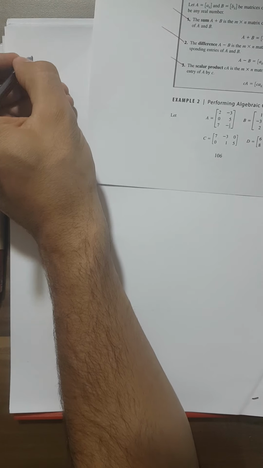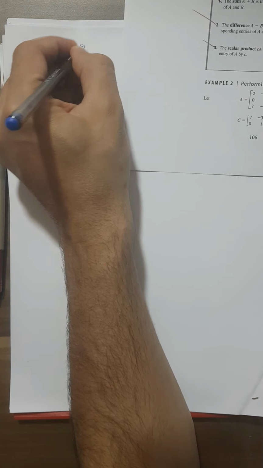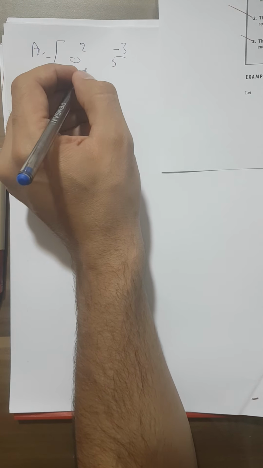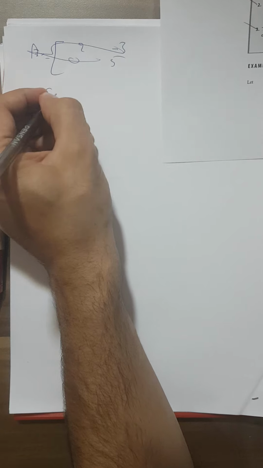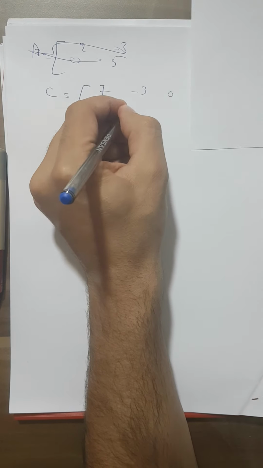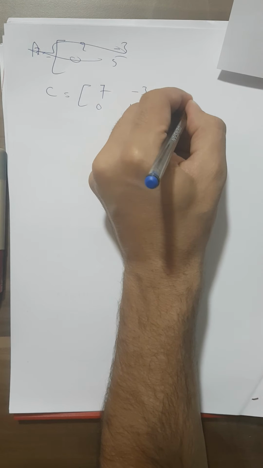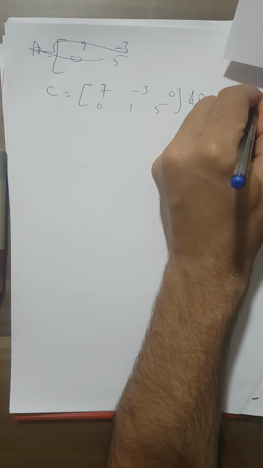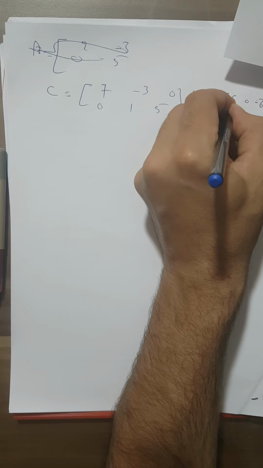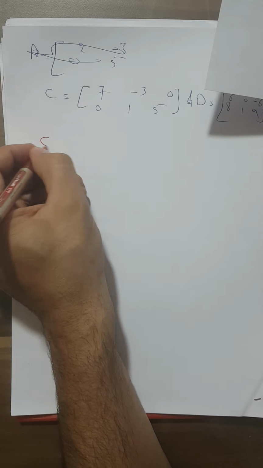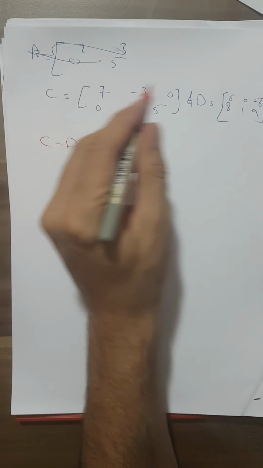Now, let me say C is equal to 7, minus 3, 0, 0, 1, 5. And D equals 6, 0, minus 6, 8, 1, 9. If I say C minus D, it means this one minus that one.